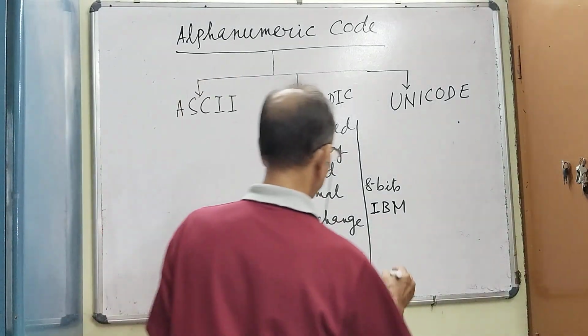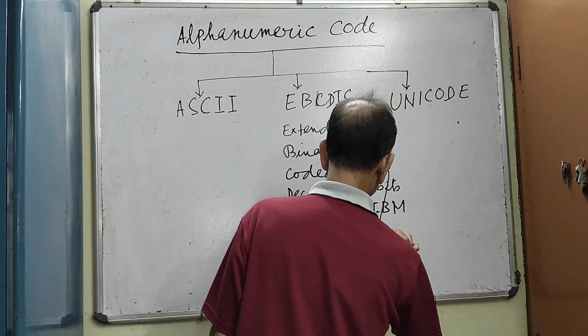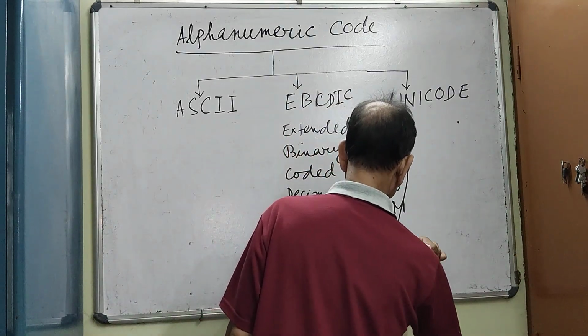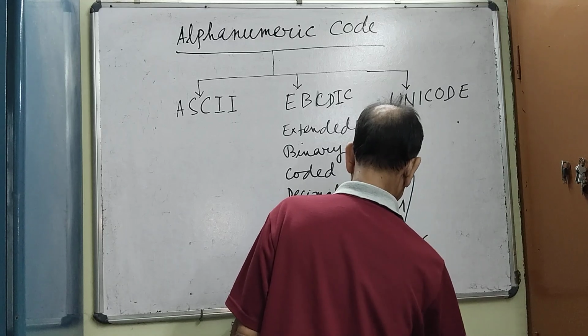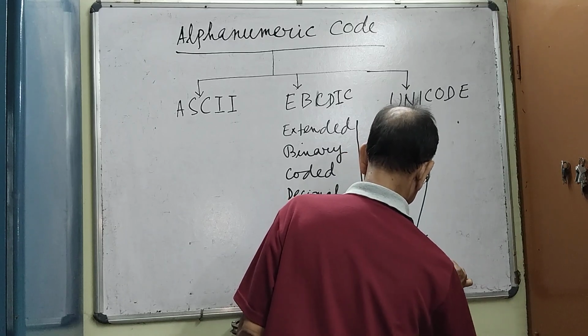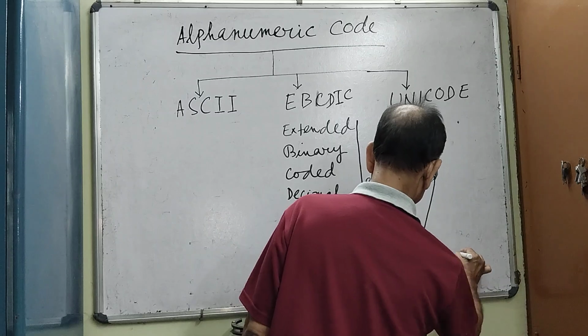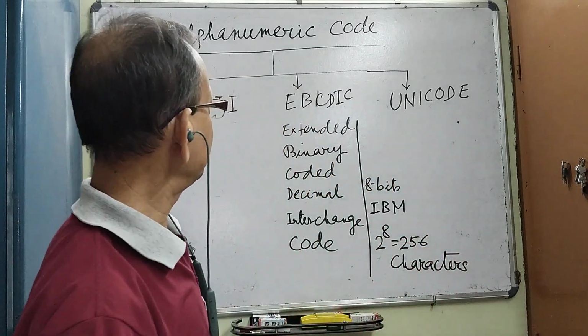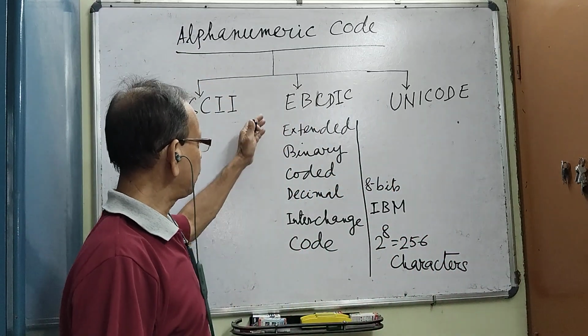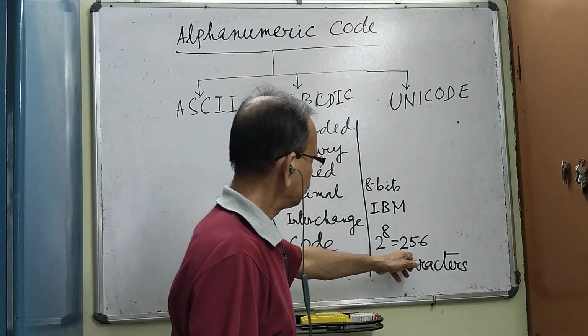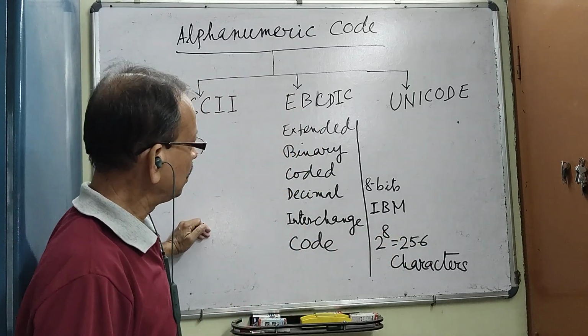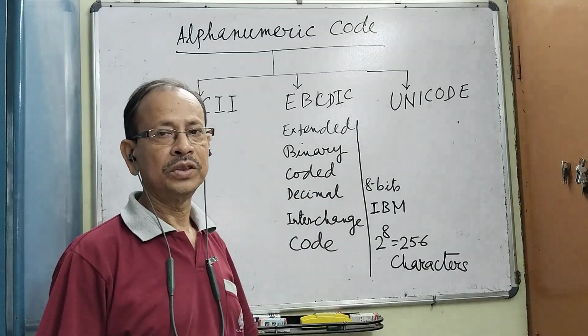And how many characters? 2 to the power 8 means 256 characters. With the help of this code, we can represent 256, but in ASCII 128.